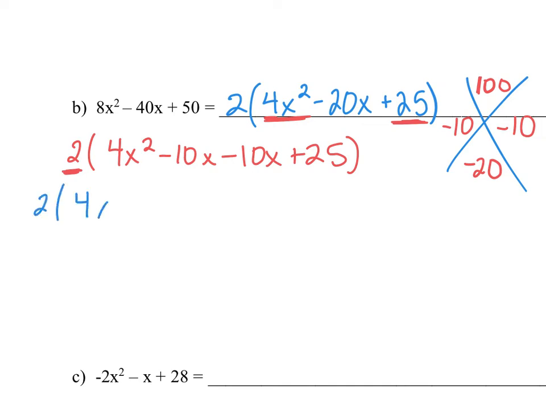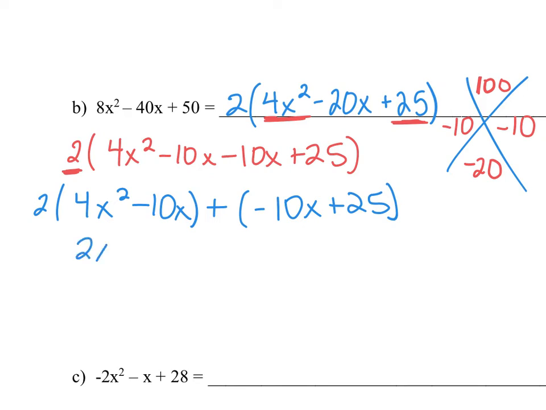My first two terms are 4x squared minus 10x, plus sign, next two terms. 4x squared and negative 10x. What do they have in common? 2x, and what's going to be left?